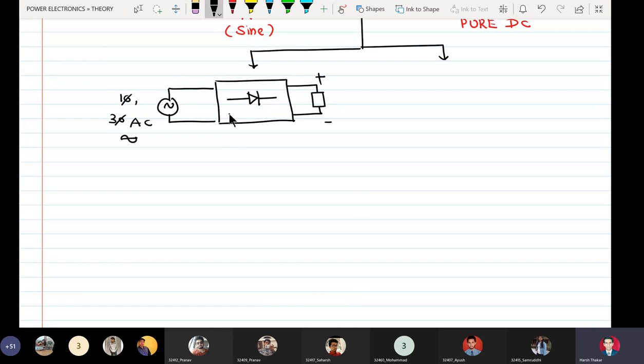They are represented like this, but the highlight is that diodes are shown inside. They are also abbreviated as UCR.